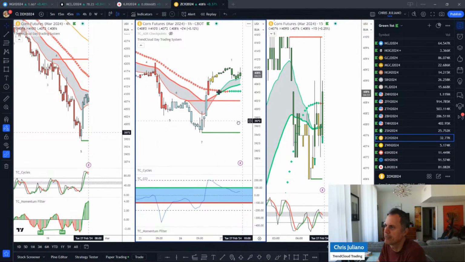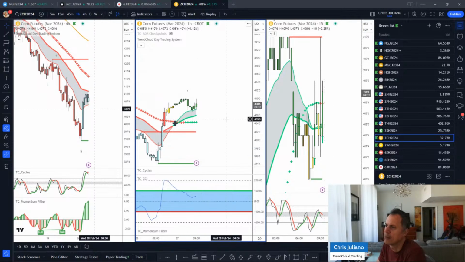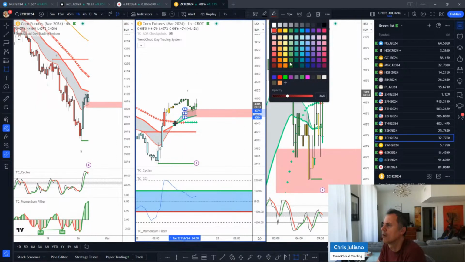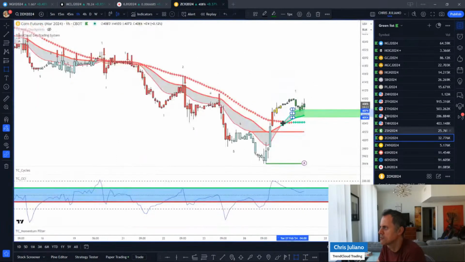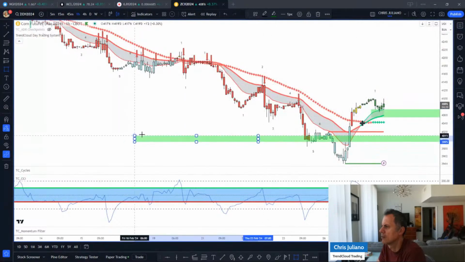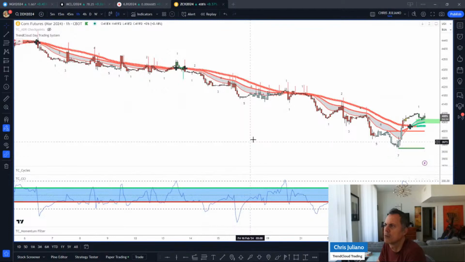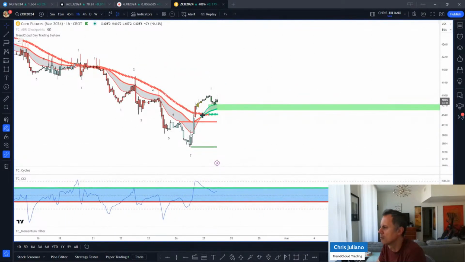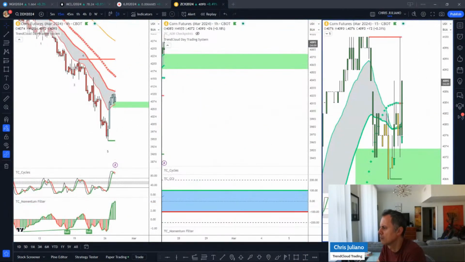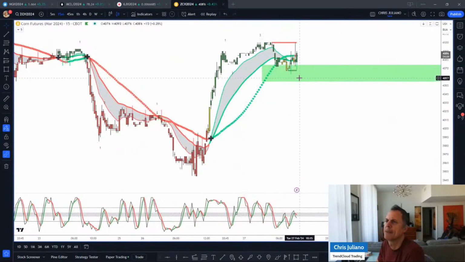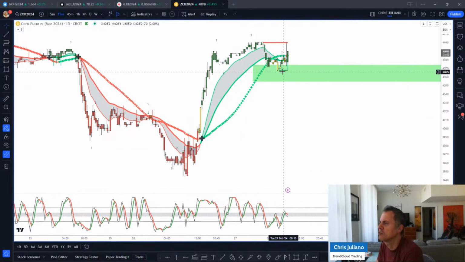So start looking for those demand zones on the lower time frames. On the 15-minute chart, what do we see? We don't really see a lot.